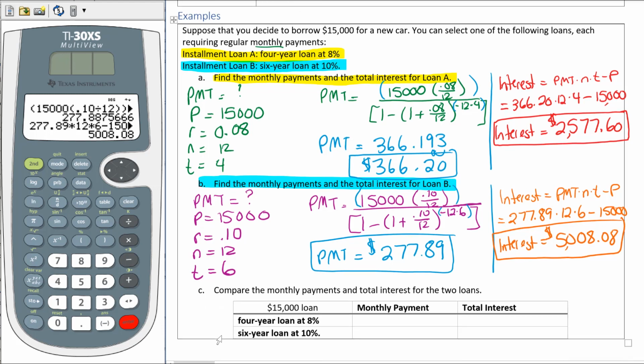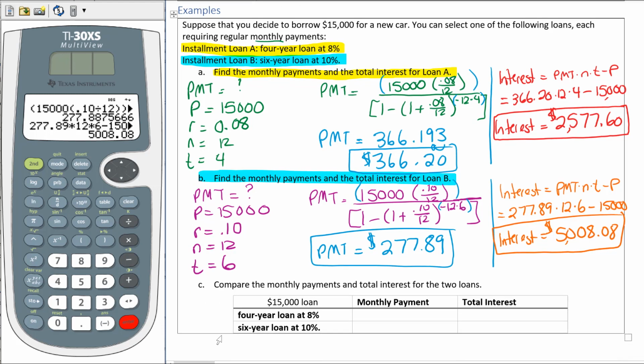Okay, so now I want you to compare these two loans. For my 4-year loan, we have a monthly payment of $366.20, and our total interest at the end of our loan, we will have paid $2,577.60.